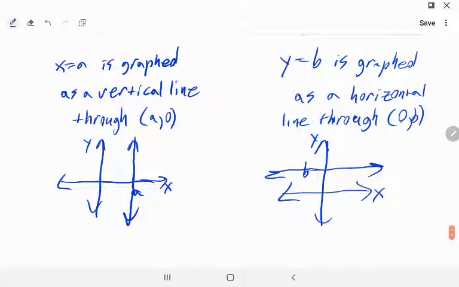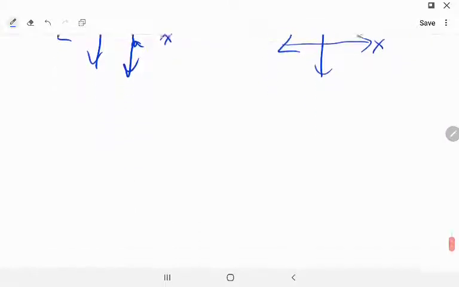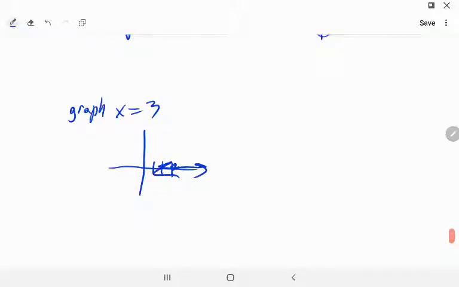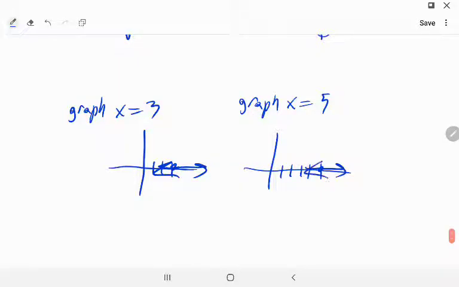So in general, if you tried drawing two lines and they look the same, you notice something has gone wrong. If you tried graphing x equals 3, and you drew a line going horizontally, that would look the same as x equals 5, which tells you something has gone wrong.